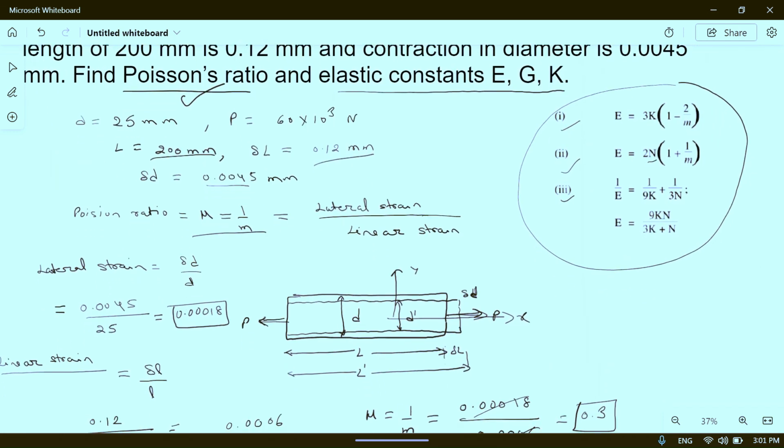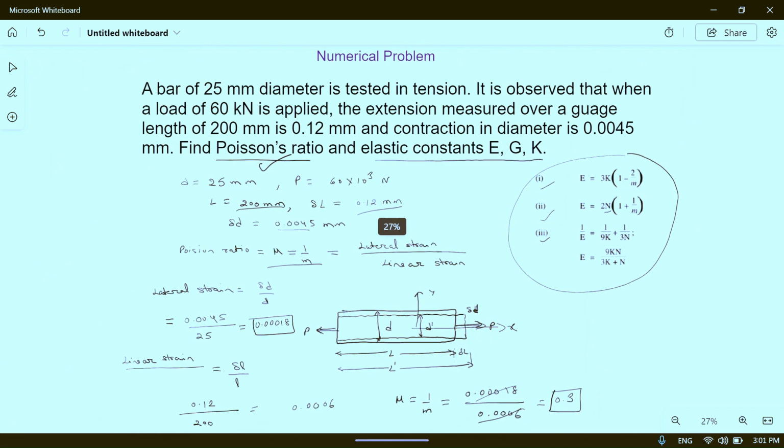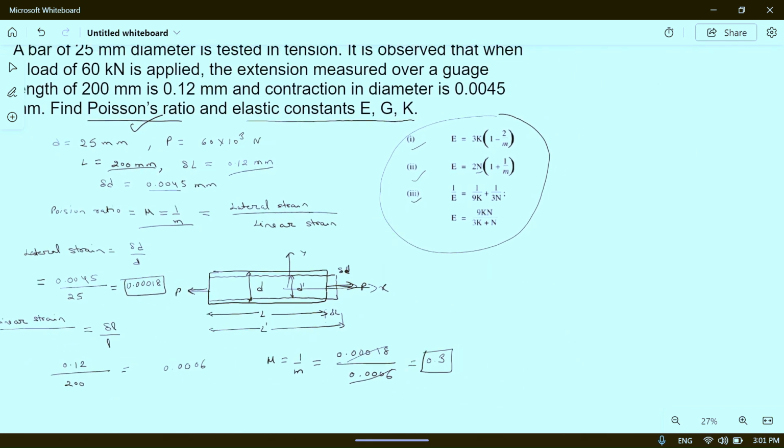So what is the Young's modulus of elasticity? What is the value of E? E, Young's modulus of elasticity, is stress divided by strain. This is Hooke's law, as you know.